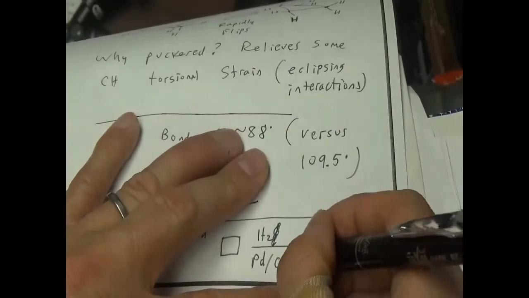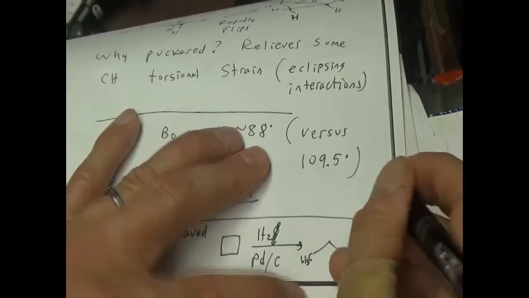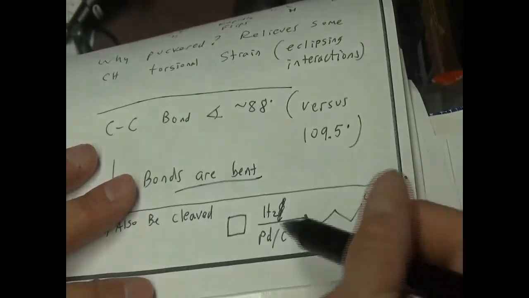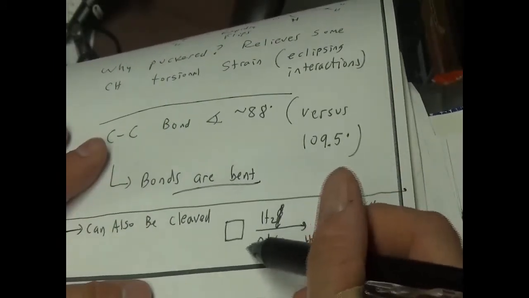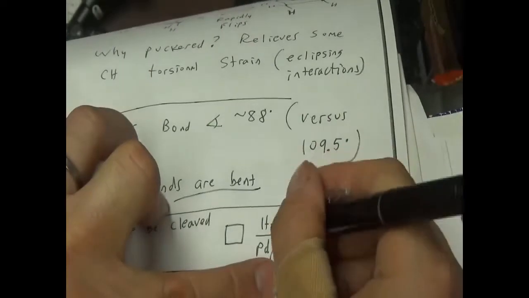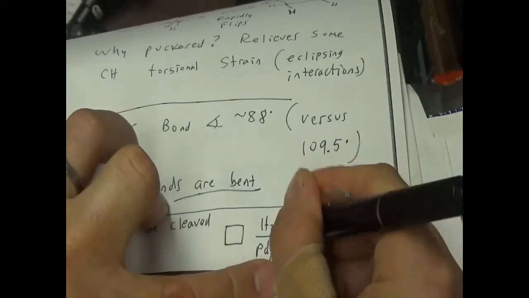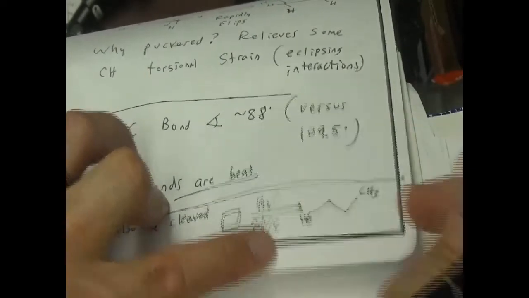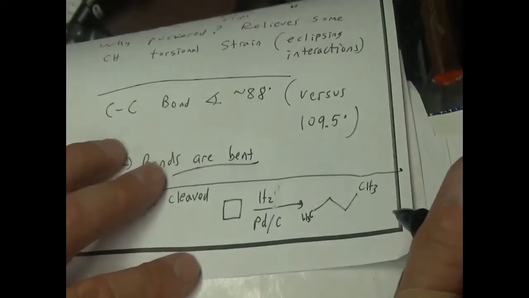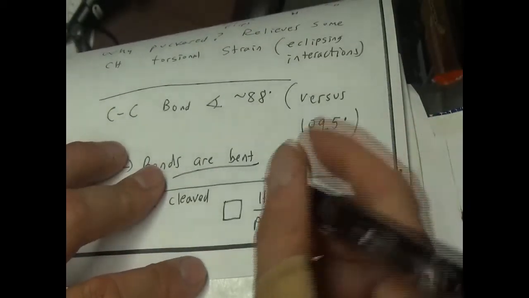So the 4-carbon cyclobutane can be cleaved with H2 palladium on carbon because it has such unstable, unusual bonds.